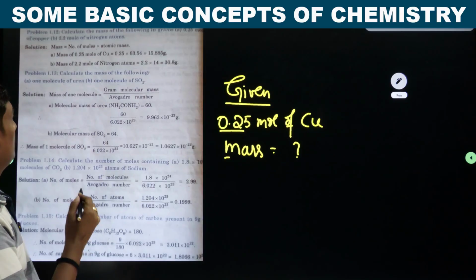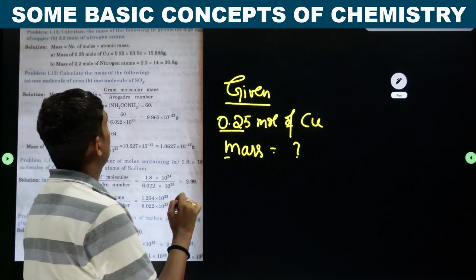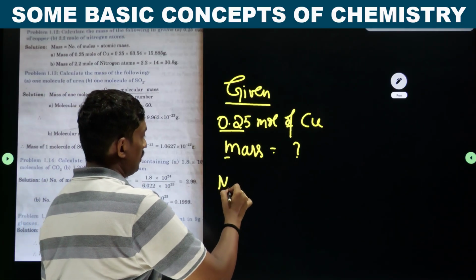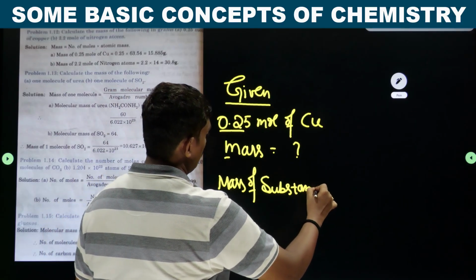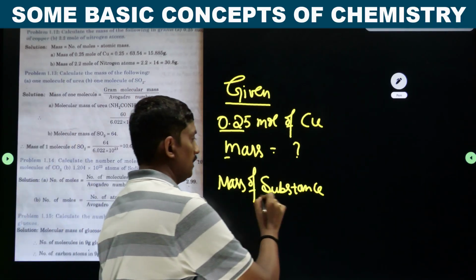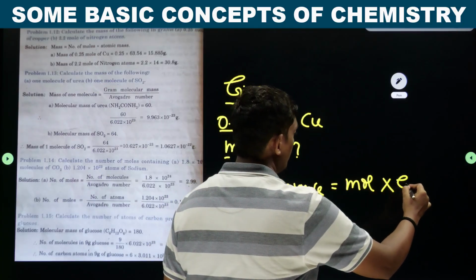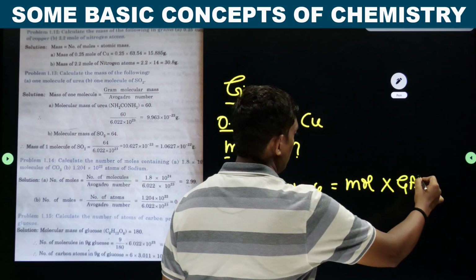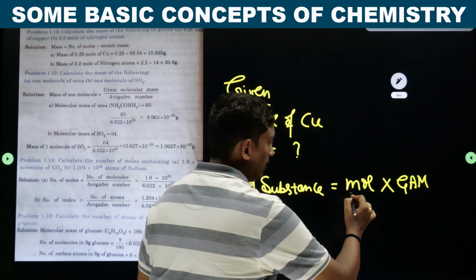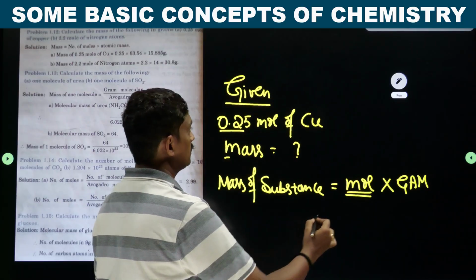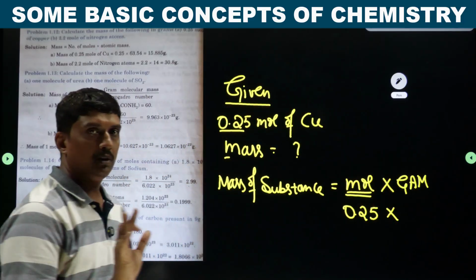Mass of substance is equal to number of moles into gram atomic mass. Very simple formula. They have given moles, how much? 0.25 moles. Gram atomic mass is not given.